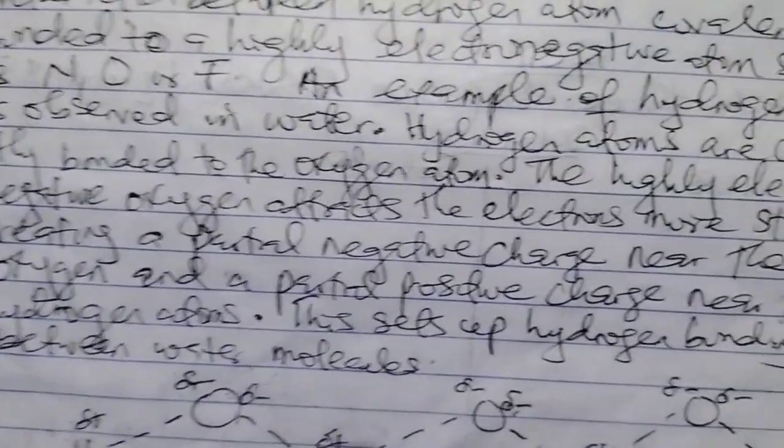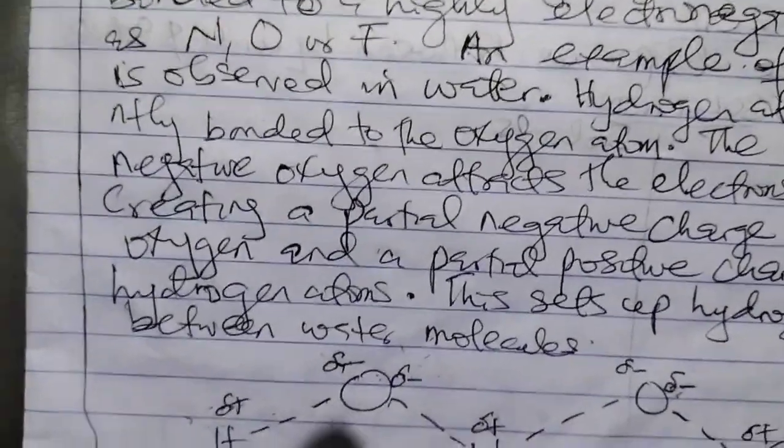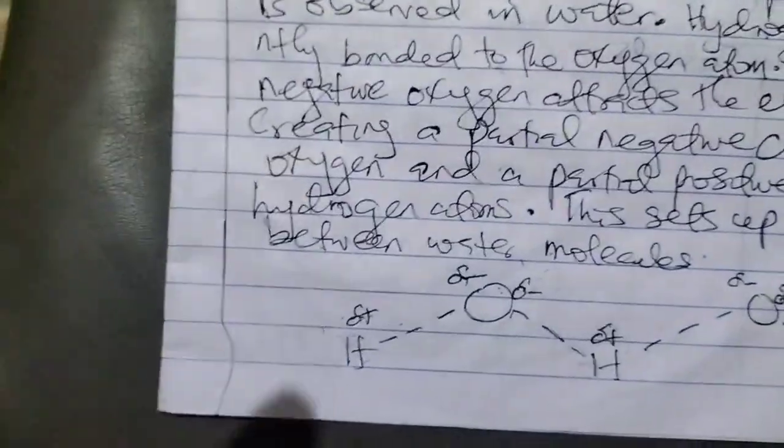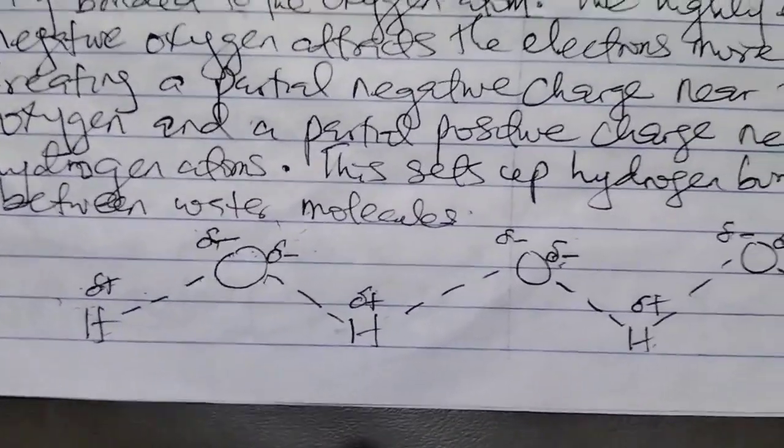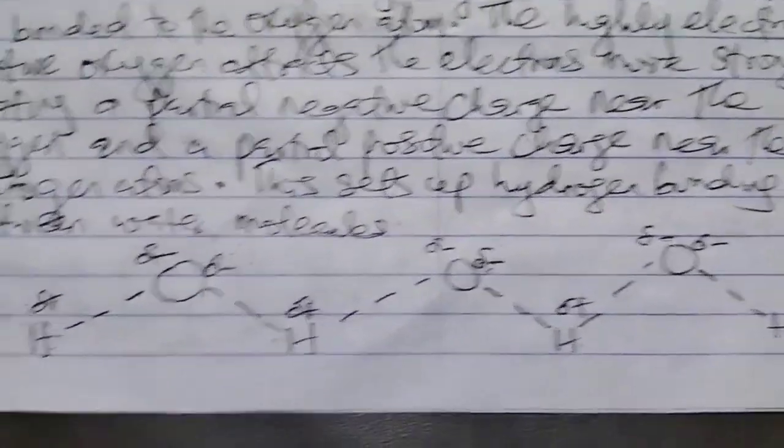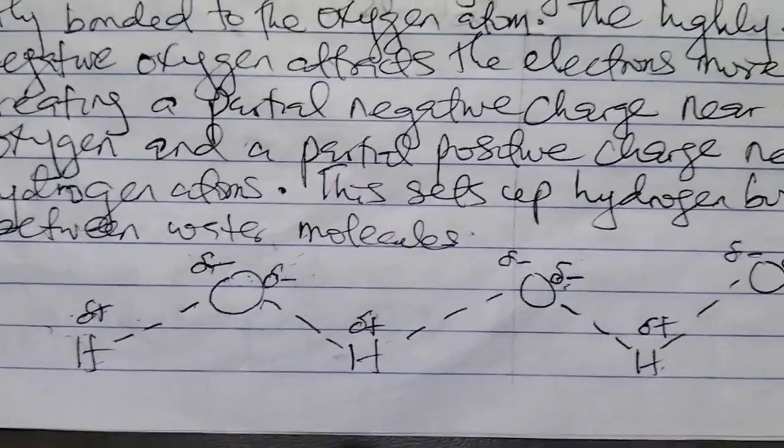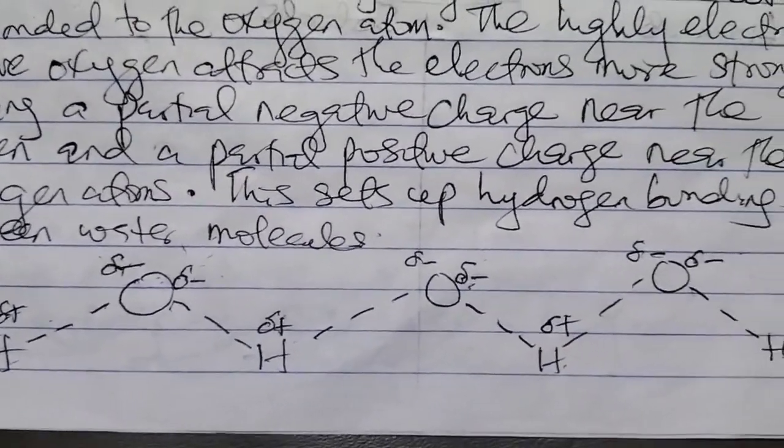This sets up hydrogen bonding between water molecules. So we can see the schematic illustration, water molecules joining to each other. The intermolecular force between one water molecule and the next is hydrogen bonding.